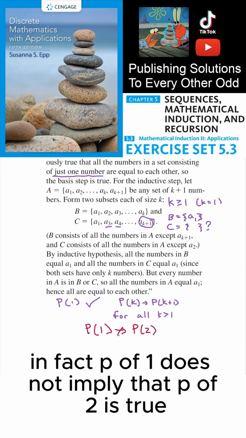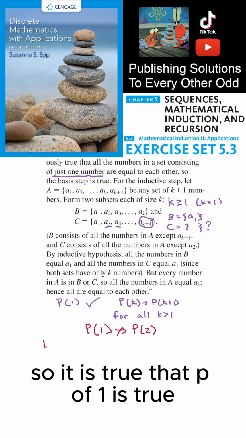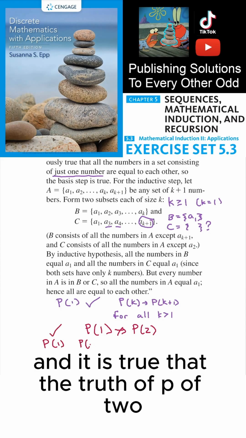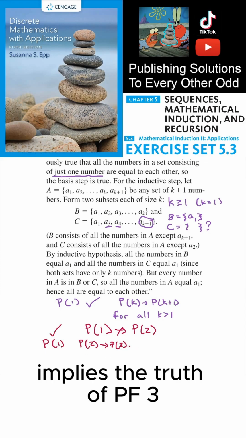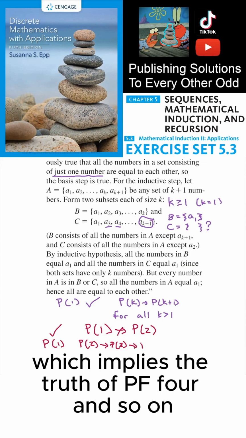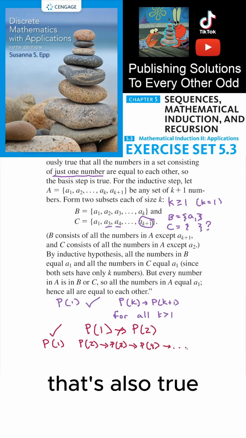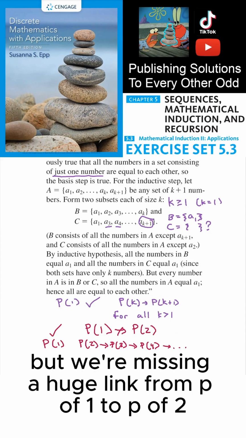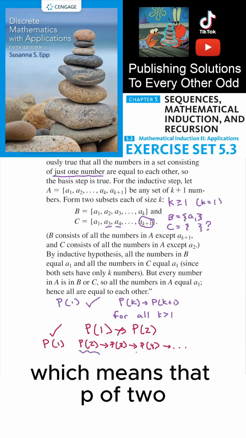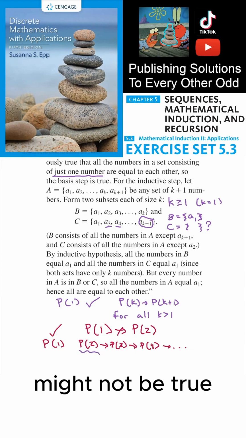In fact, P of 1 does not imply that P of 2 is true. So it is true that P of 1 is true, and it is true that the truth of P of 2 implies the truth of P of 3, which implies the truth of P of 4, and so on. That's also true, but we're missing a huge link from P of 1 to P of 2, which means that P of 2 might not be true.